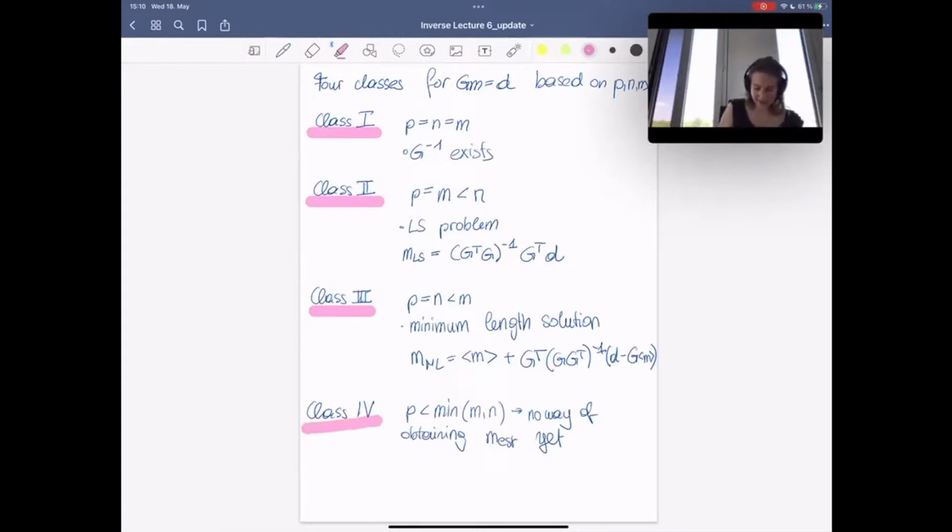And actually, this case is the worst thing that can happen because it gives us a non-unique solution. We cannot fit our data exactly. There's no inverse of G. However, most of our real world problems fall exactly into this class of problems. So actually the goal of today's lecture is to find a way to obtain a solution for this class 4.